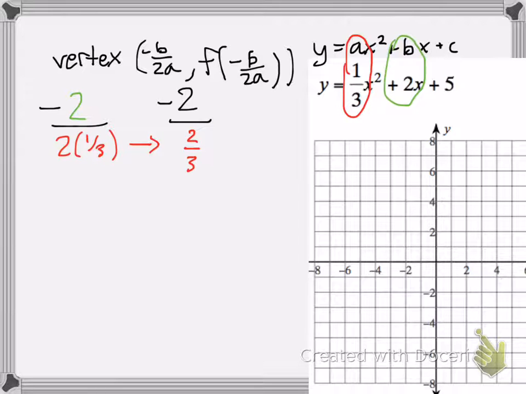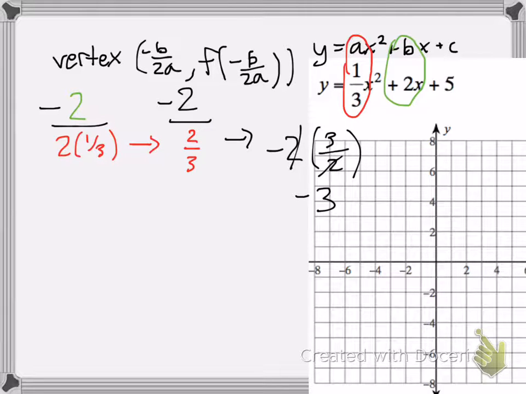And then if I do negative 2 divided by 2/3, well, remember that dividing by a fraction is the same as multiplying by the reciprocal of that fraction. So this is the same thing as if I write negative 2 times 3/2. And now these 2's are going to cancel out, and I'm just left with negative 3 as my x-coordinate.